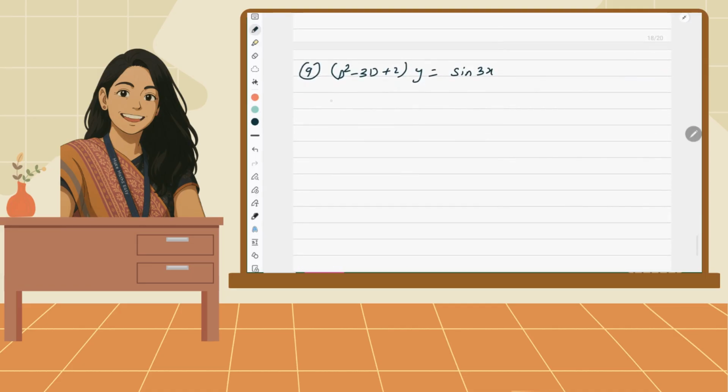Okay, so now PI is equal to this function. We have done CF many times, so I am not dealing with it again. So sin 3x upon d square minus 3d plus 2. Here d square is equal to minus 9 because a is 3. So now I will write sin 3x upon minus 9 minus 3d plus 2.